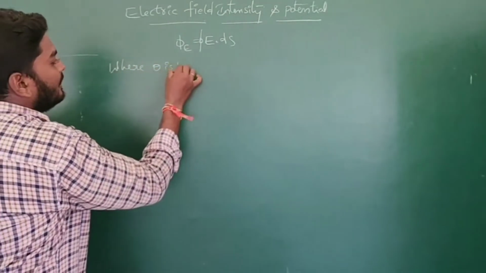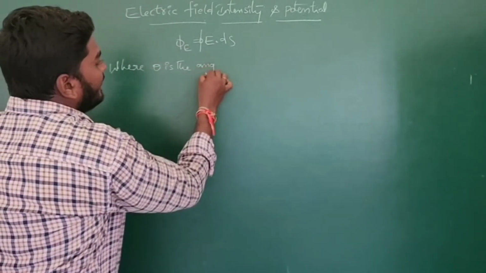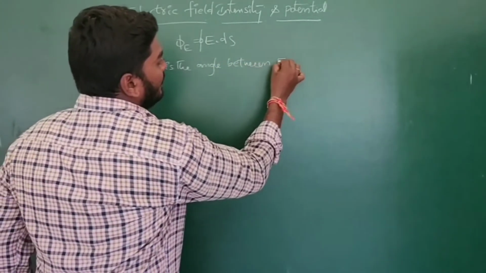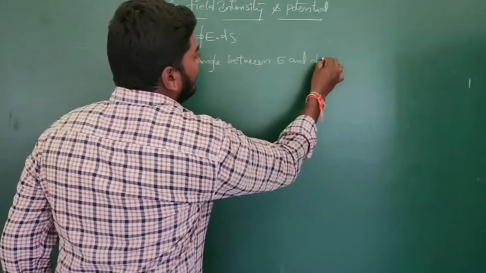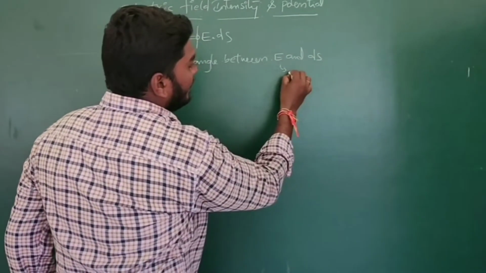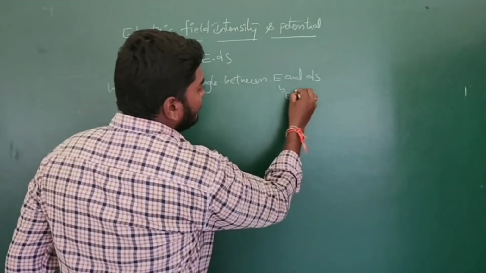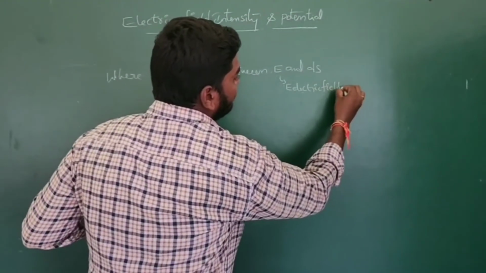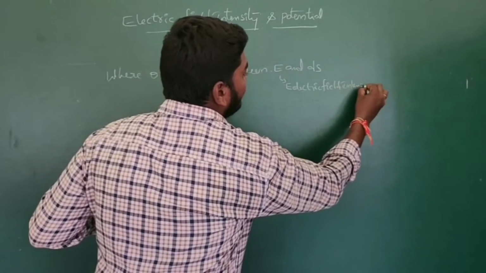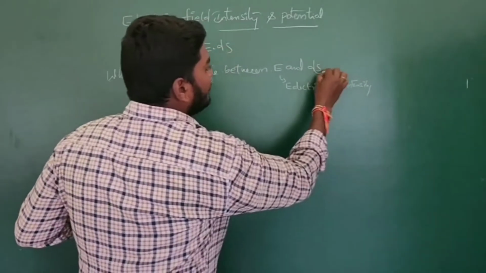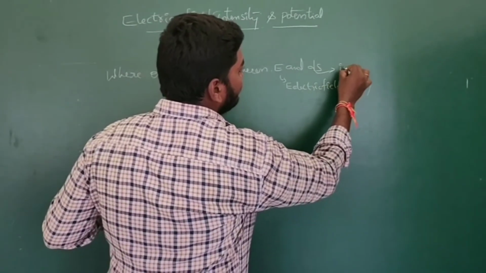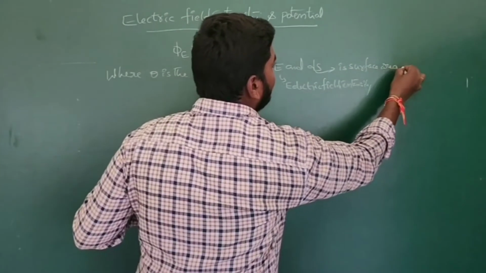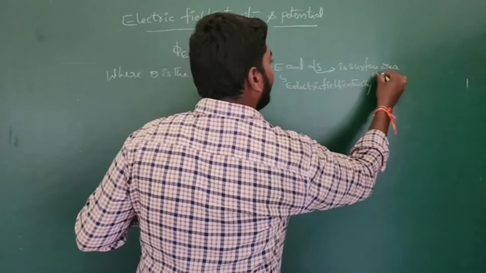Theta is the angle between E and ds, where E is the electric field intensity, or electric lines, and ds is a small surface area.